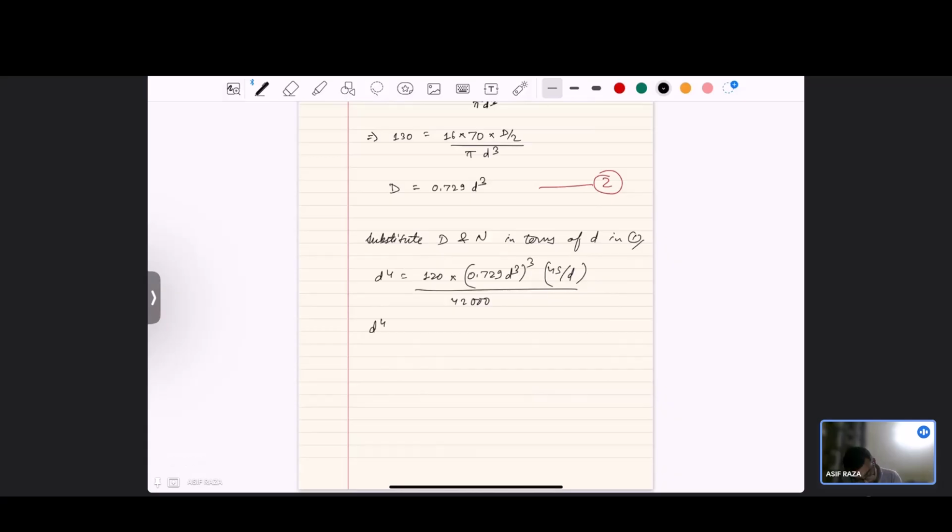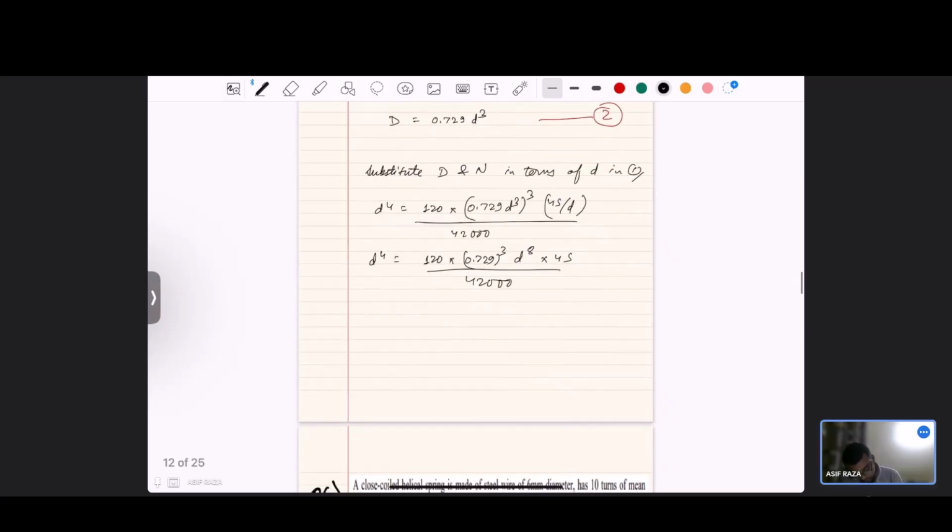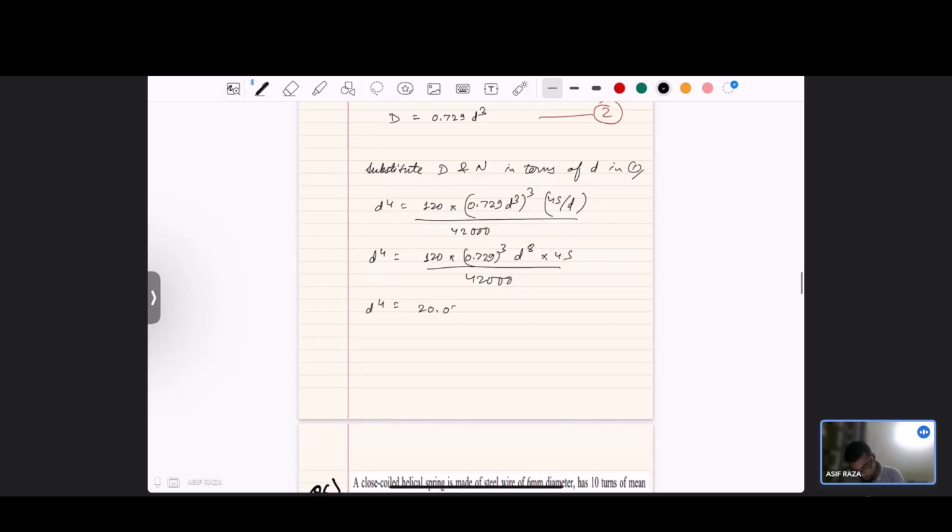This would be equal to d4, 120 into 0.729 cube, and this would be 45 by 4200. Finally d to the power 4 will come out to be 42 divided by 120 divided by 0.729 cube. This comes around 20.0758.